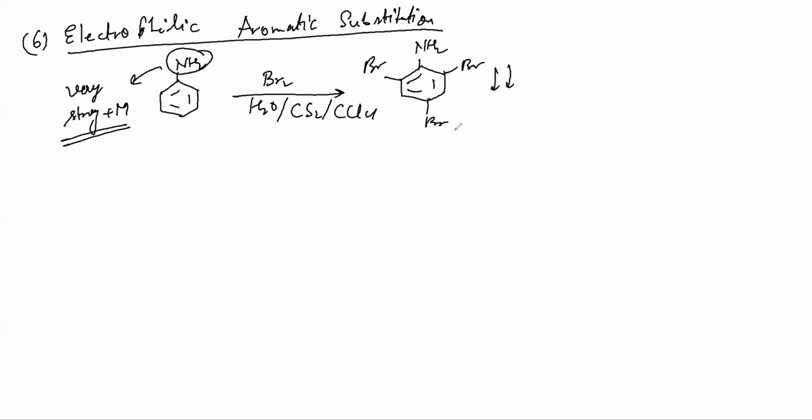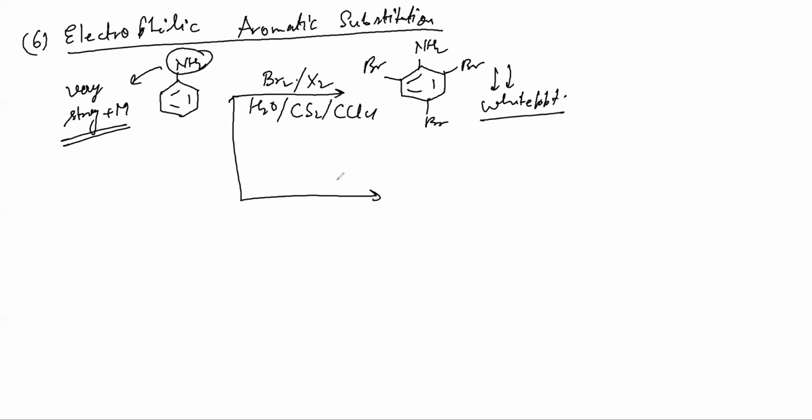You don't even require a Lewis acid here. No need for a Lewis acid. Directly, it is a white precipitate, 2,4,6-tribromoaniline. Instead of Br2, you could have used any X2. Doesn't matter. Okay. So high plus M.